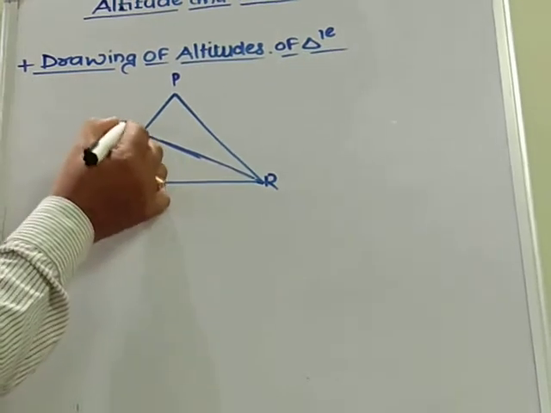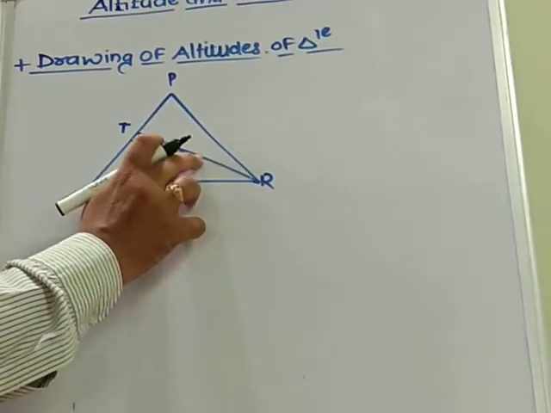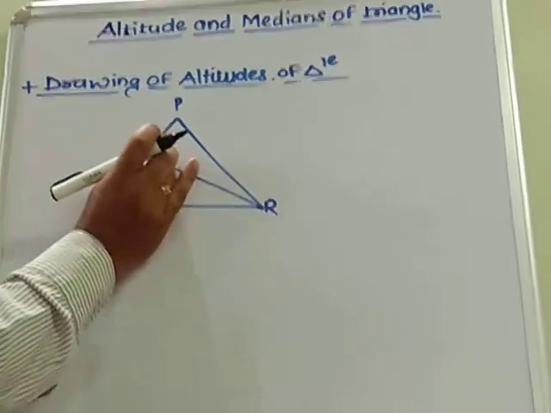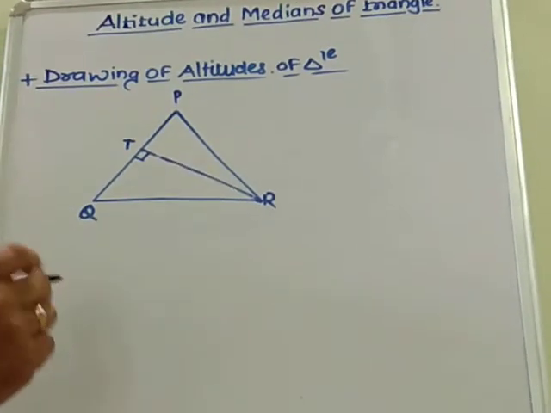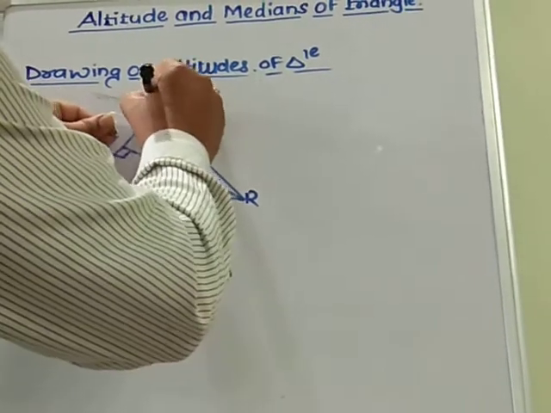That is T, and that is an altitude. Altitude means a perpendicular from the vertex, that is an altitude. You also draw from here using this.